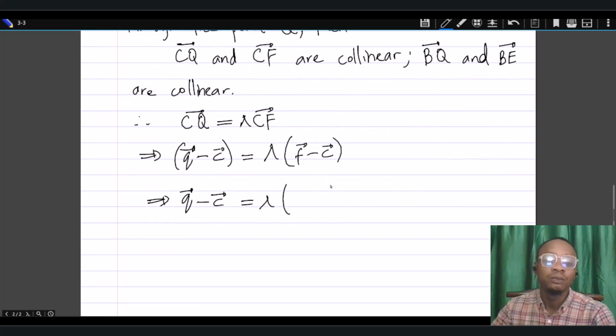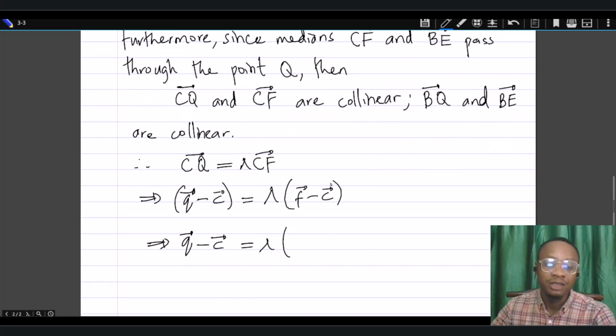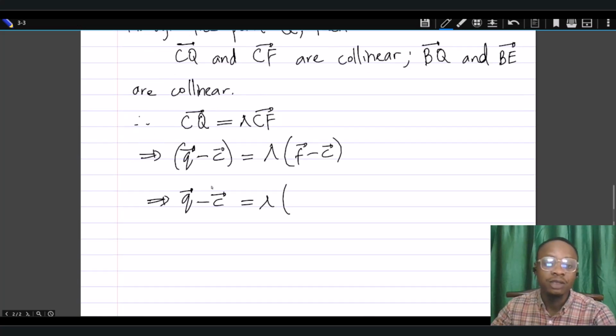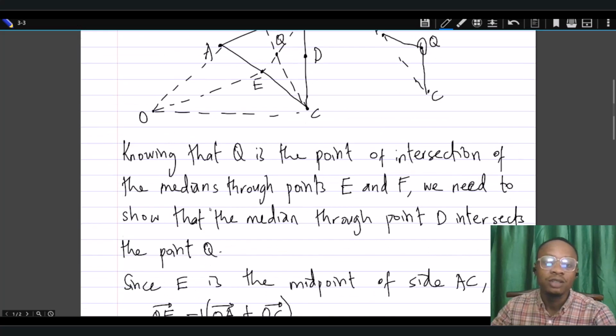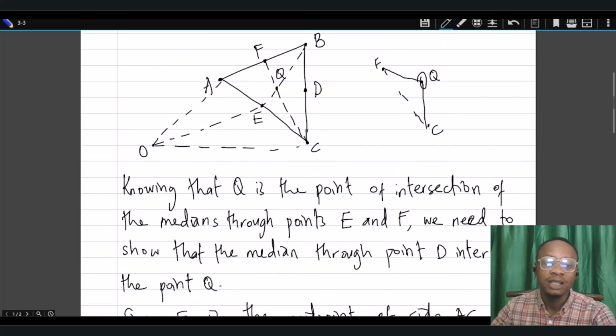Now we want to find an expression for Q in terms of the position vectors of points A, B, C, which are directly related to the triangle, the vertices of the triangle. We want to write the position of Q in terms of those of A, B, C. That is our objective for now.